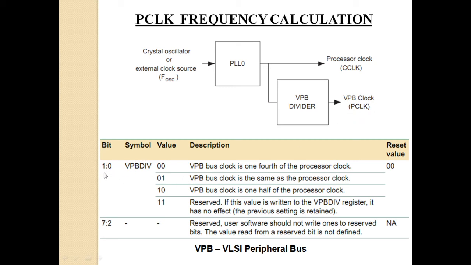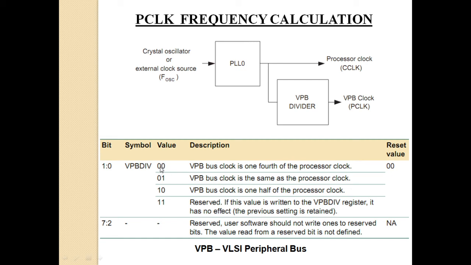By default, bit number 1 and bit number 0 are 0 0. That is mentioned here as the reset value. When you reset or start the processor, these two bits have these values, so by default the core clock is divided by 4 and given as the VPB clock or PCLK. By default, CCLK is 60 megahertz.